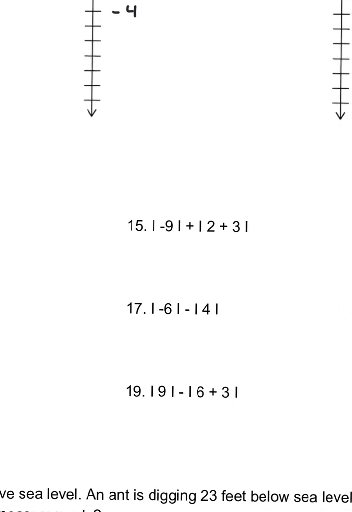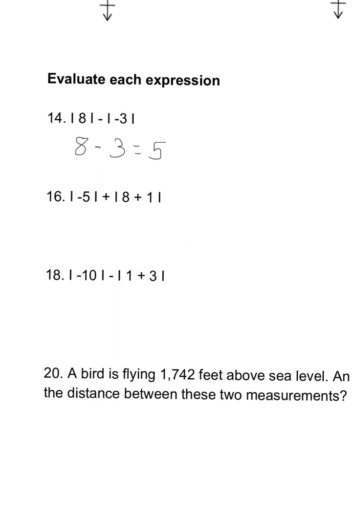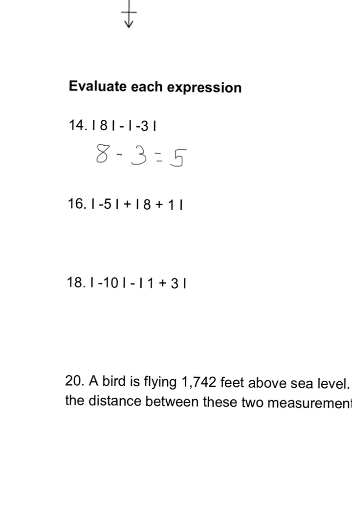Number 15, we have the absolute value of 9, which is 9, plus the absolute value of 2 plus 3, which is 5. That equals 14. Number 16, absolute value of negative 5 is 5, plus the absolute value of 8 plus 1, which is 9, to give us another 14.